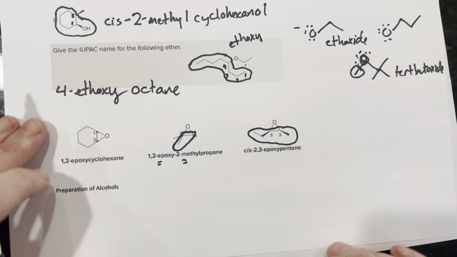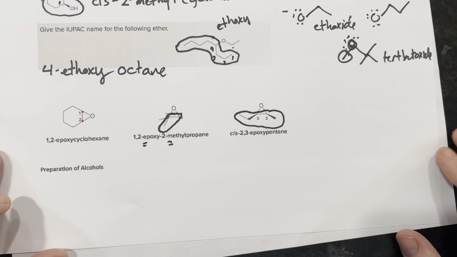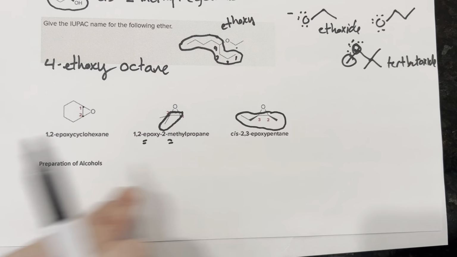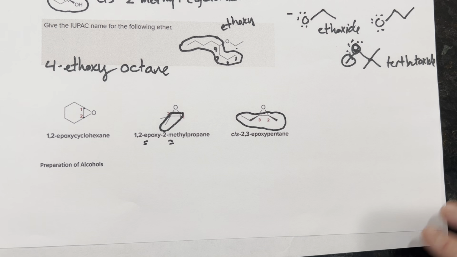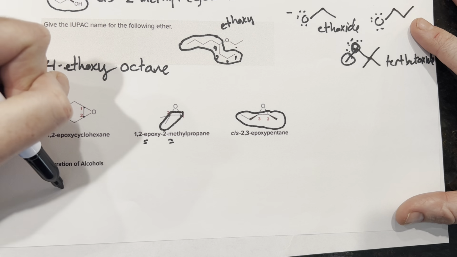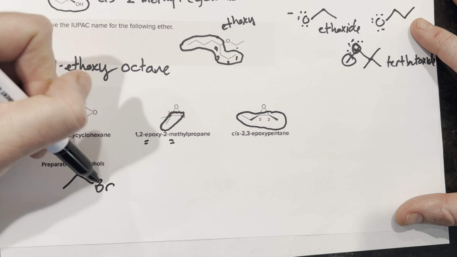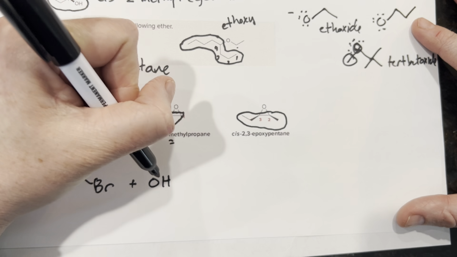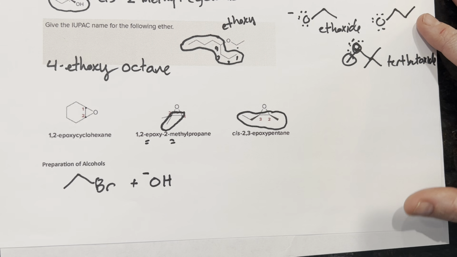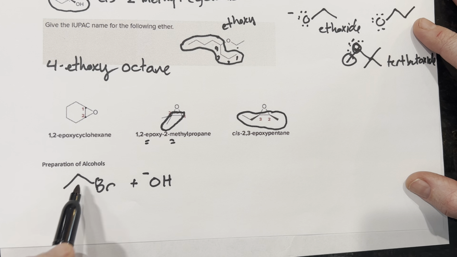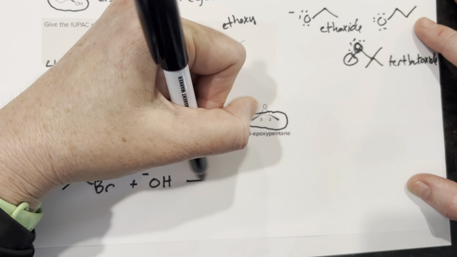All right, so we already have an idea of how to prepare alcohols, and we're going to be talking a lot about alcohols again today, like elimination reactions, etc. So in preparing alcohols, for example, if I gave you this primary bromide, and I said react that with OH minus, hopefully right away you'd be like, huh, I recognize this. This is a strong nucleophile. This is a primary halide that would react via SN2.